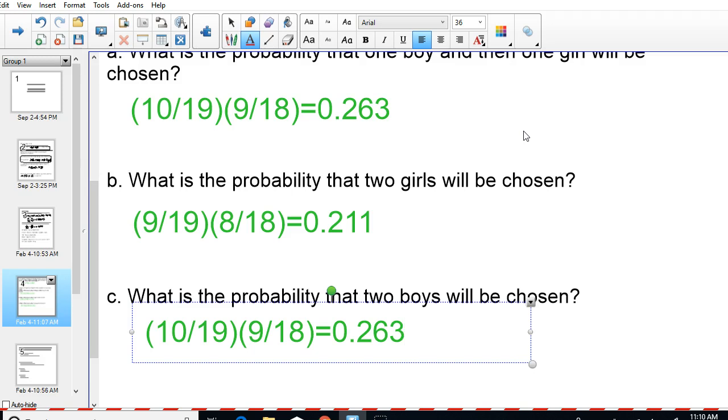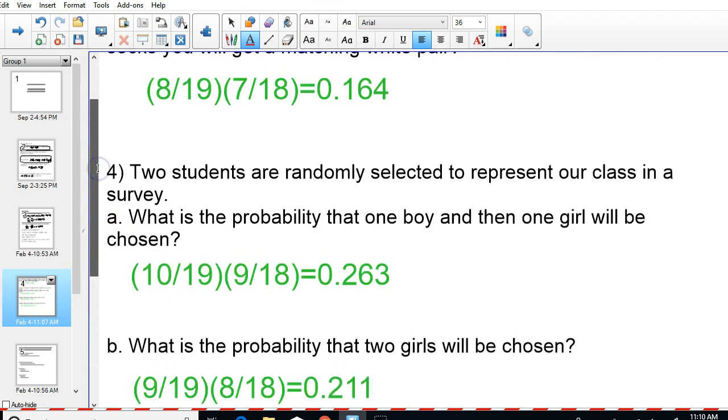Okay, so now notice I did change the wording up here because really, if we looked at part A as it's worded here, if it was the probability of 1 boy and 1 girl, we'd have to do 2 probabilities there. Because this is the probability of getting a boy then a girl, but you would also need to look at the probability of girl then boy.